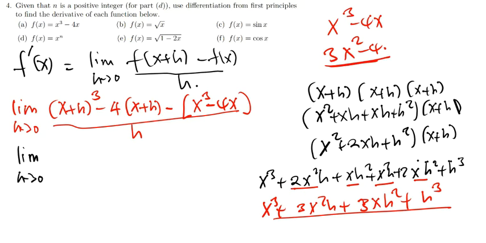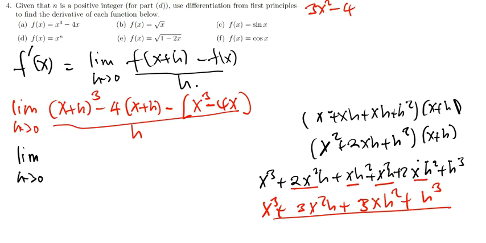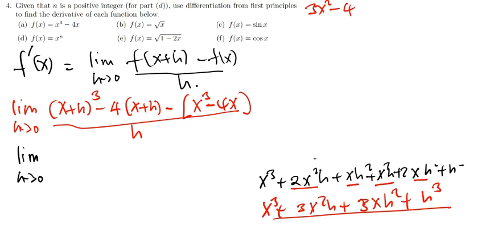So we are saying our final answer, which we are going to find, is 3x squared minus 4. Let me just shift this one to be on top here.